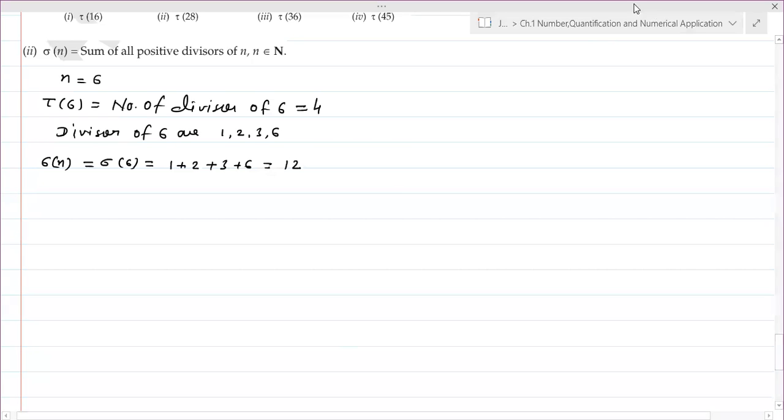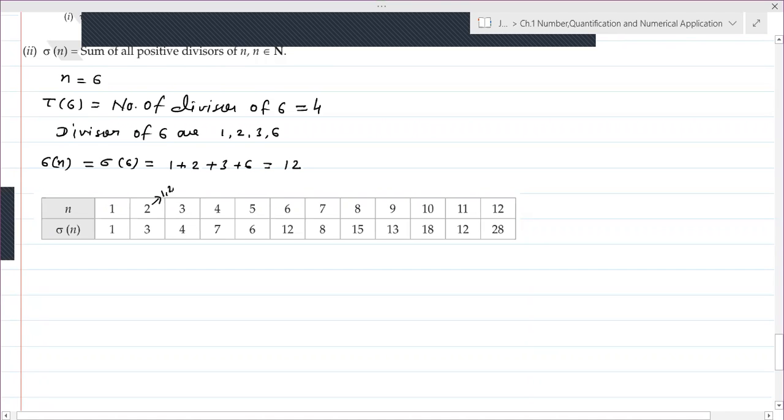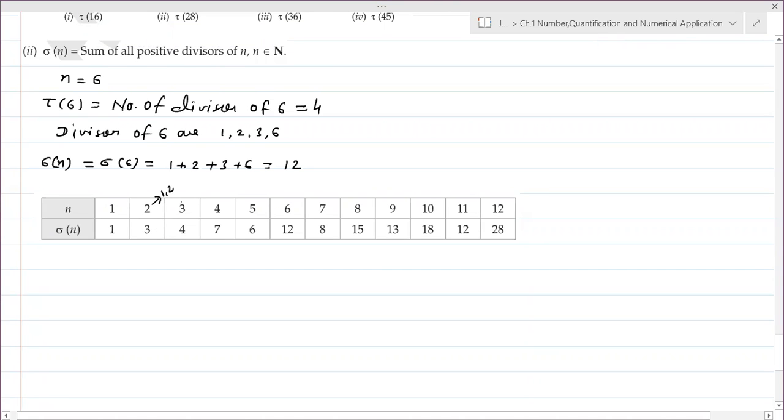Now let's see how to check whether the given function is a multiplicative arithmetic function or not. Let's see one example. I have taken sigma n for the given values of n. If we talk about 1, 1 has only one divisor, so the sum is also 1. Possible positive divisors of 2 are 1 and 2, and the sum will be 3.